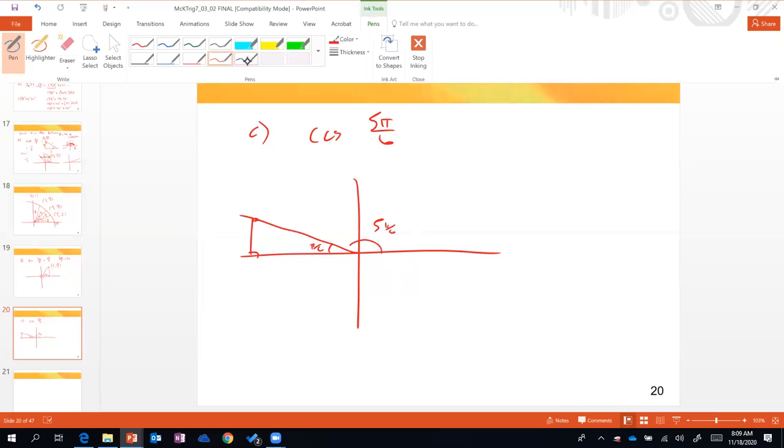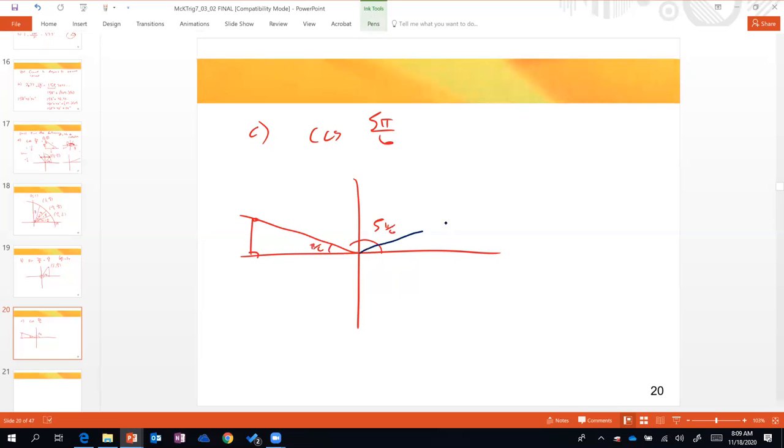Use a little different pen color, just because I can. Pi over 6. And what are my coordinates for pi over 6? Absolutely, are we good?